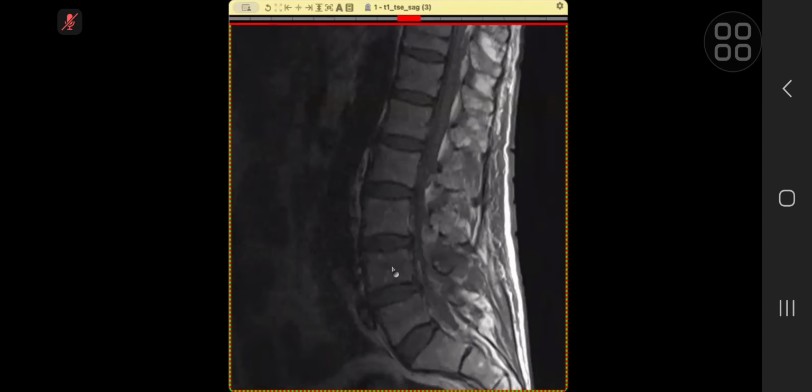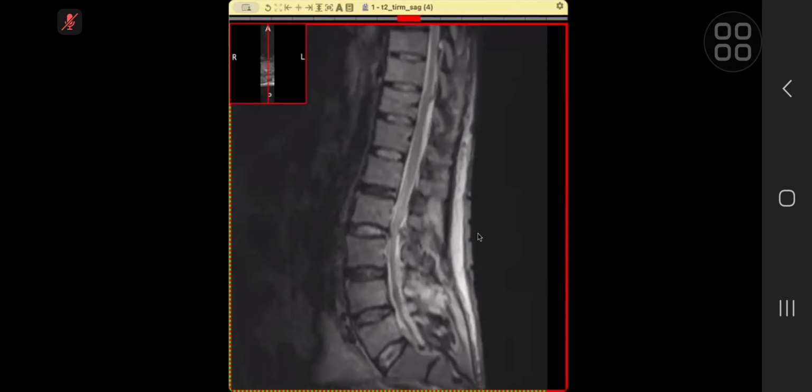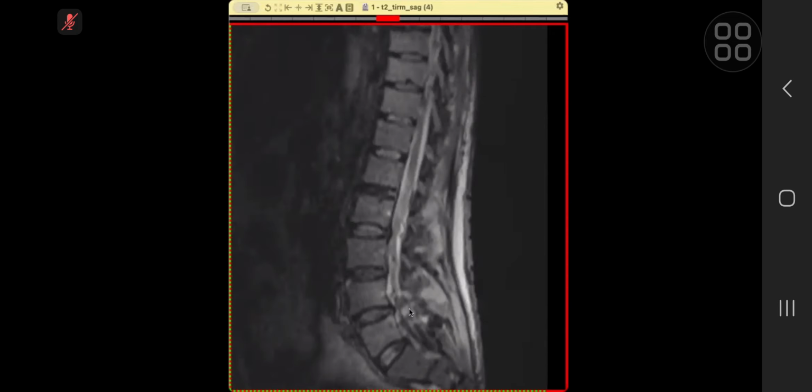Please remember that the two are STIR and T1. So ask for a STIR sequence and only then go for post-contrast. A lot of abscesses are there.